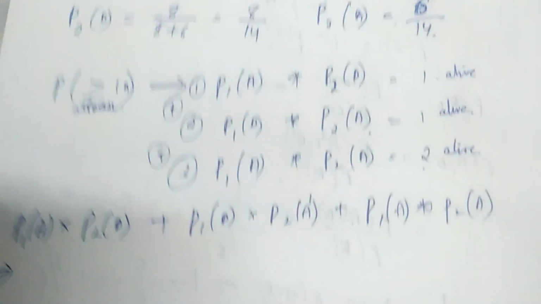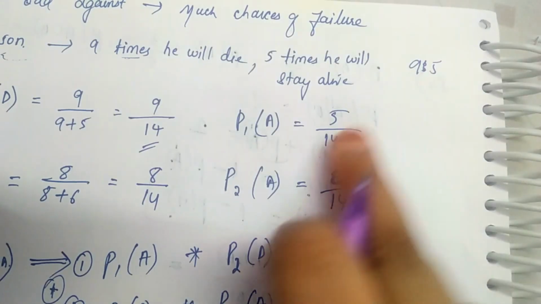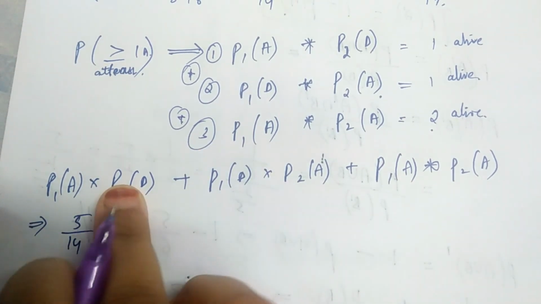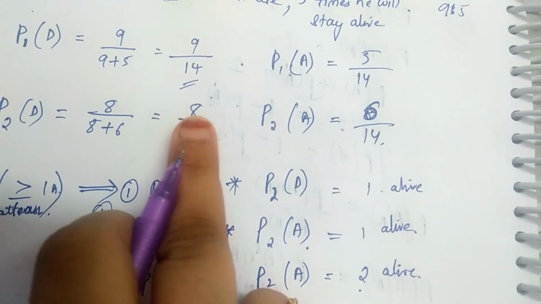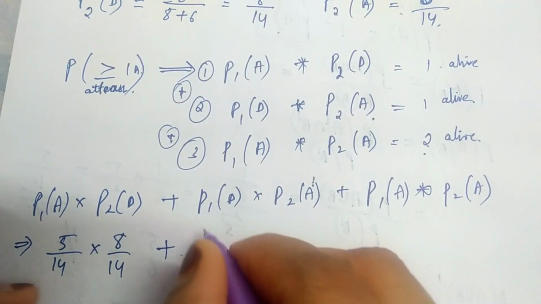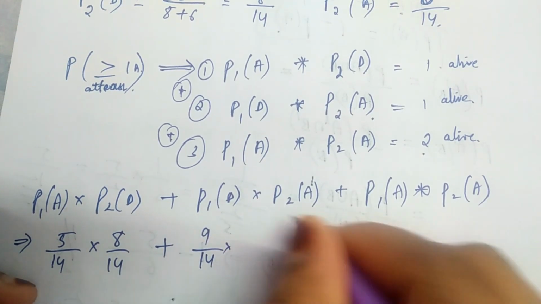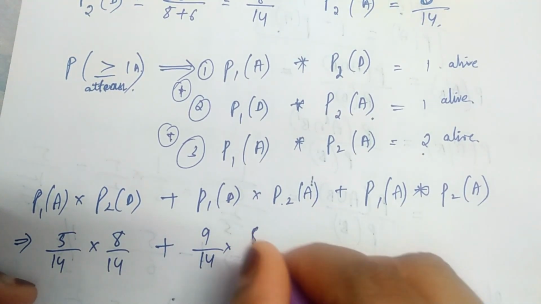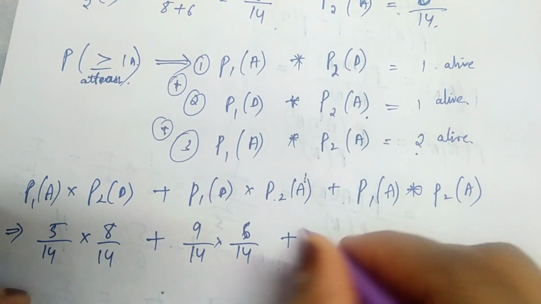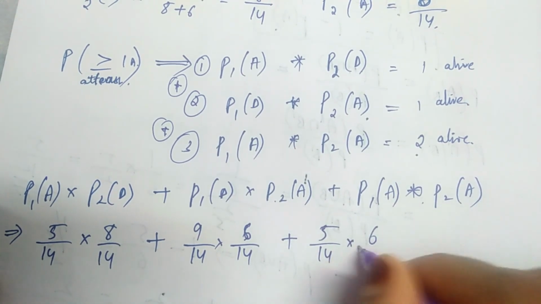Let's find out the probability of the first person being alive; it's already calculated, 5 by 14. The probability of the second person being dead is 8 by 14. Next, the probability of the first person being dead is 9 by 14, and the second person alive is 6 by 14. Next, the first person alive is 5 by 14 times the second person alive is 6 by 14.